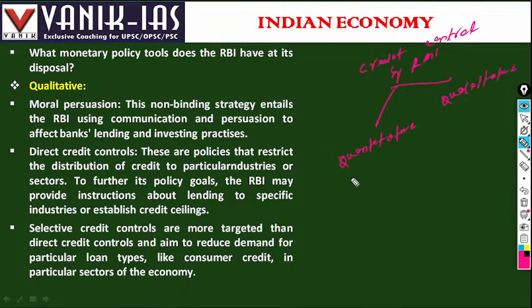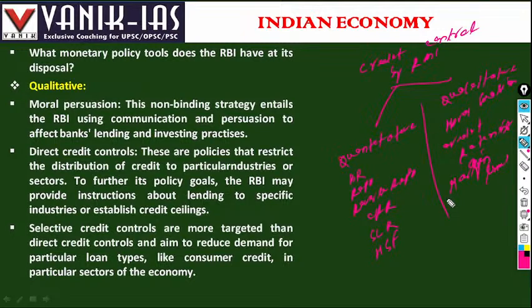In quantitative, it is the bank rate, the repo rate, the reverse repo rate, the CRR, the SLR, the MSF, etc. In qualitative, it's the moral suasion, credit rationing, margin limit, and so on.